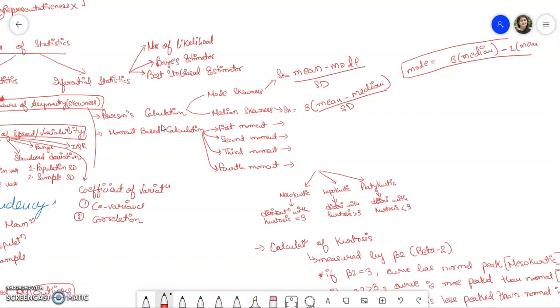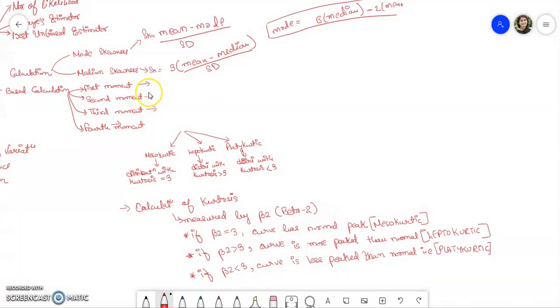Then we have moments based calculation: the first moment, second moment, third moment and fourth moment. I will explain each of them. The first moment is the mean, given by summation of x divided by n.